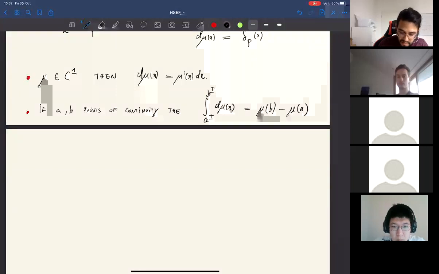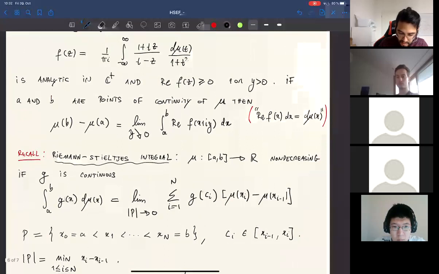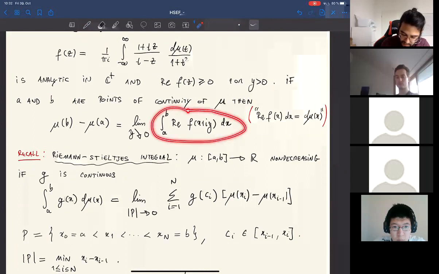So in this sense, this final result now makes more sense because I'm integrating f from A to B, and I'm taking that to the real line.